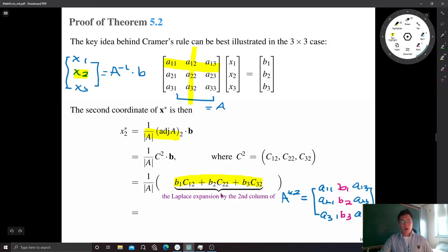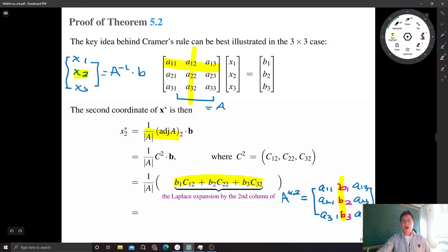And this is a Laplace expansion by the second column, because if we do Laplace expansion by the second column, we are going to eliminate this second column. So it doesn't affect the Laplace expansion, and the remaining entries will be the same as in the original matrix. So these cofactors will be made of the same entries.